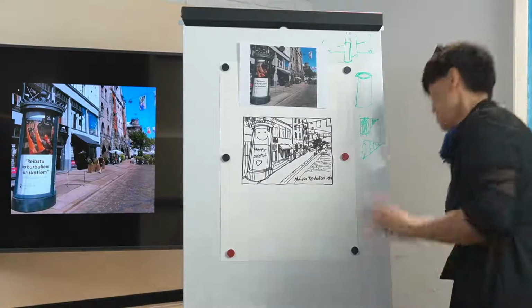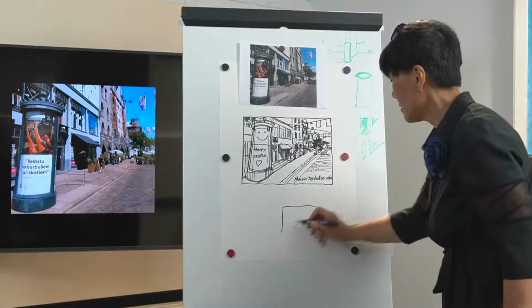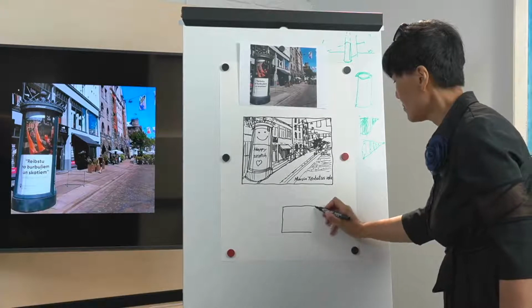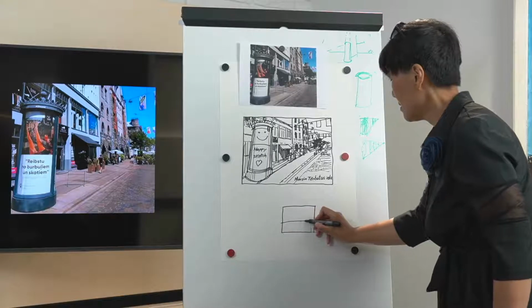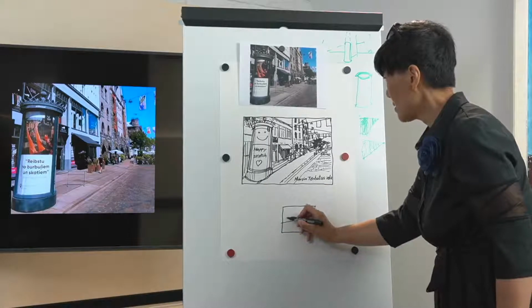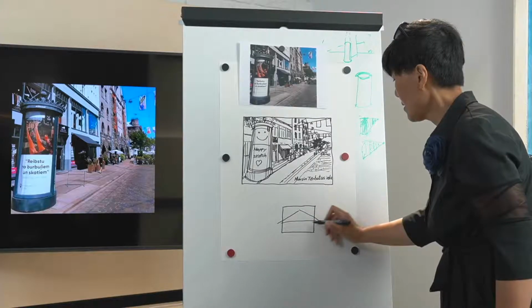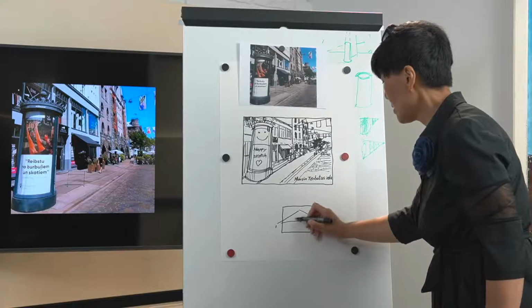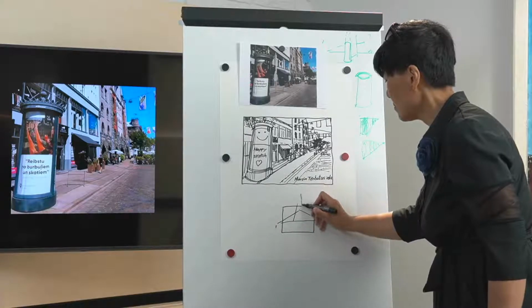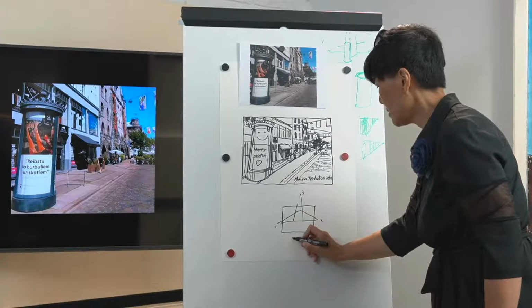Okay, let's review what we learned for the last type. So it's like this. The first, second, the building, and this is the third. So in this case, 1, 2, 3 is the third type.